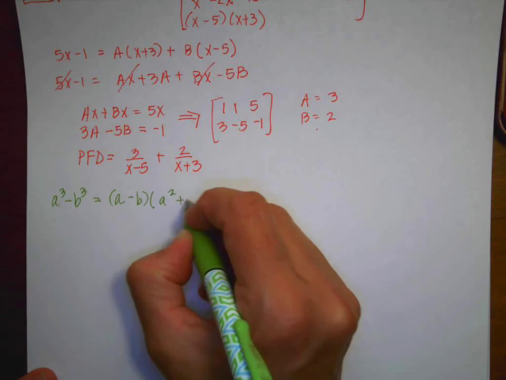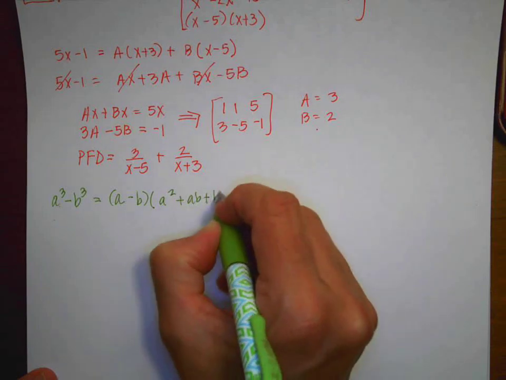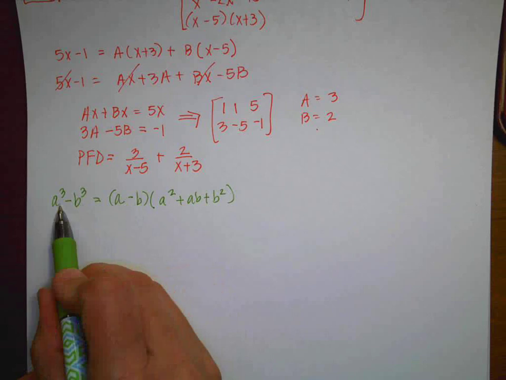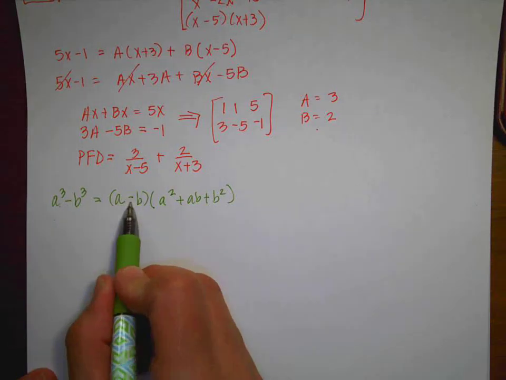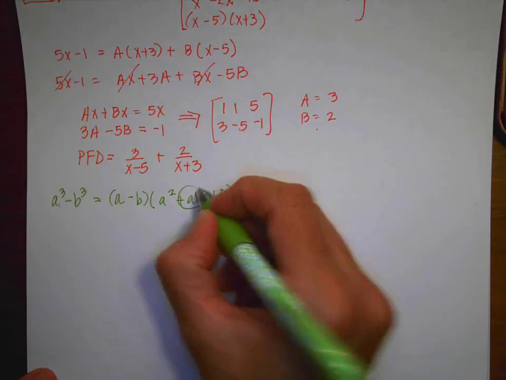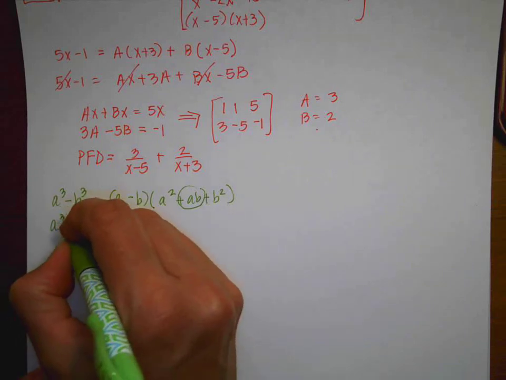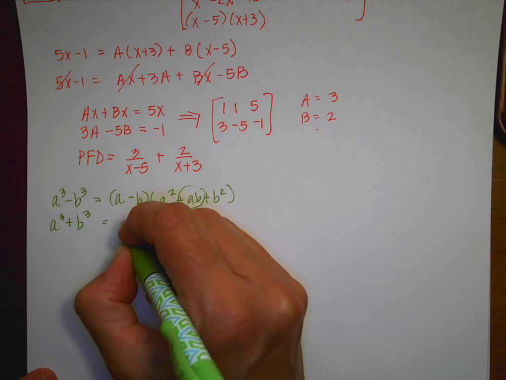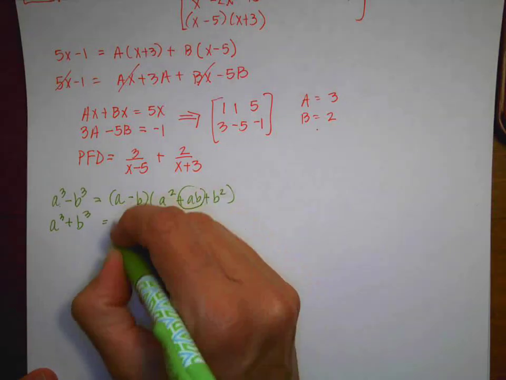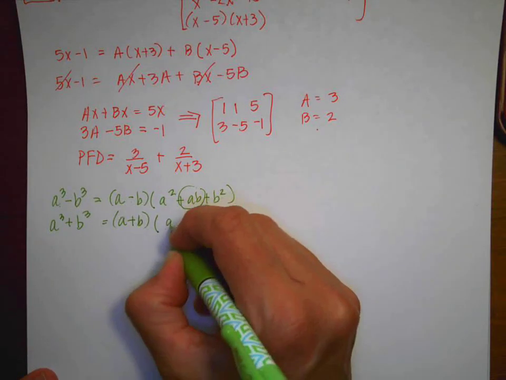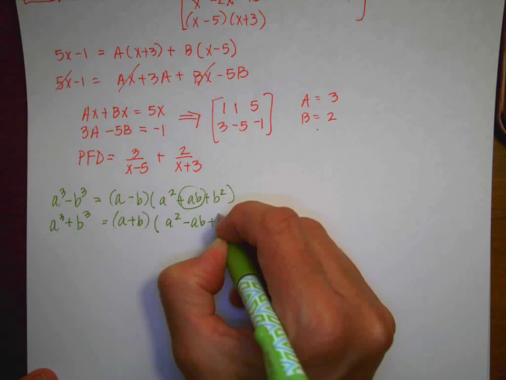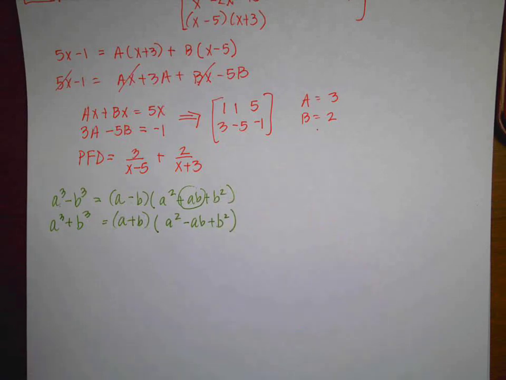The inside is going to be a squared plus ab plus b squared. Notice that in the negative, only the first term is negative, and notice that the middle term isn't doubled, okay? And then if I have a cubed plus b cubed, cube root and cube root, and this time it's going to be a squared minus ab plus b squared.